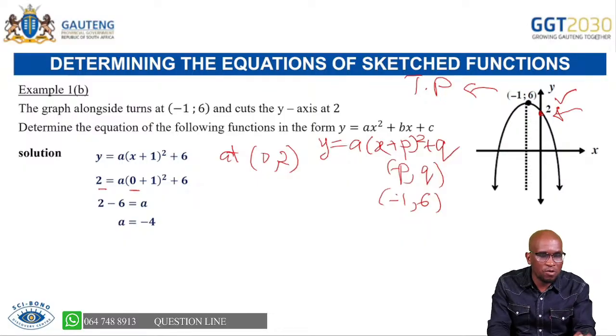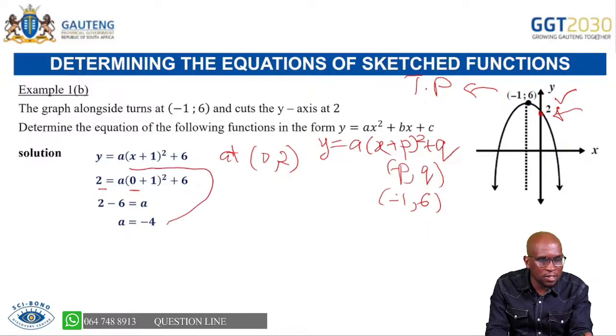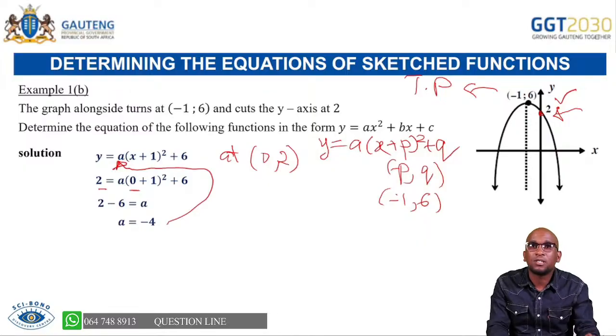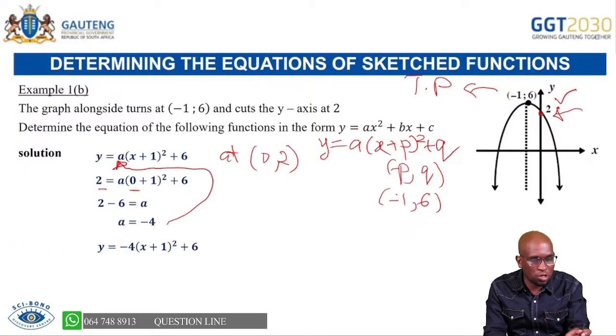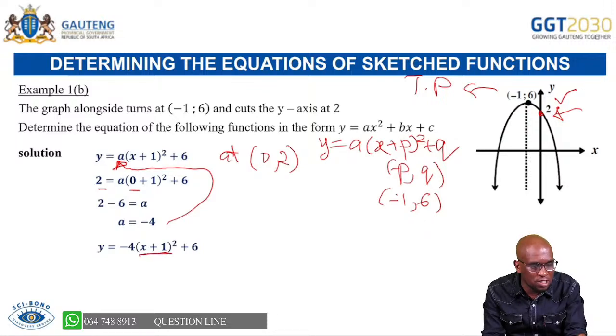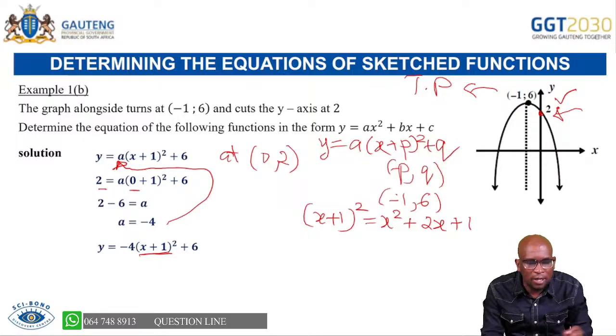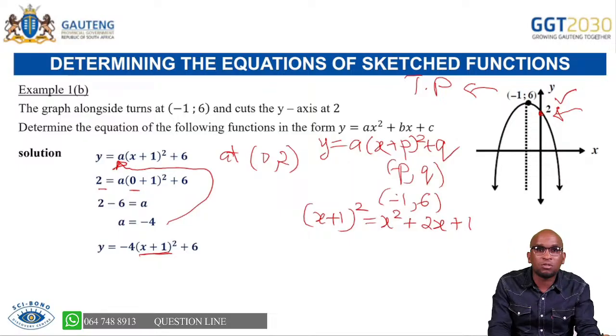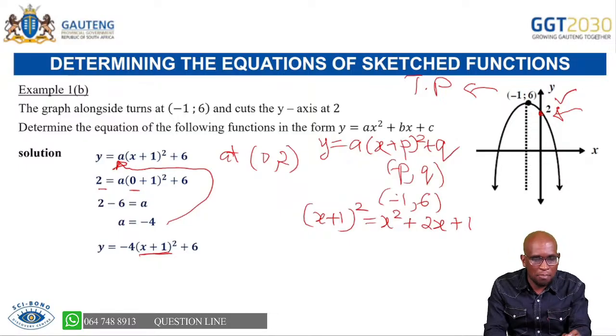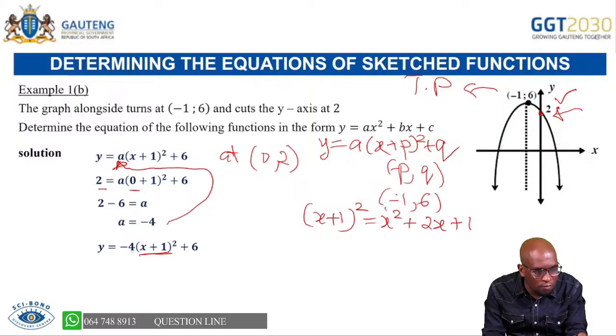Now that you have the value of a, you can come back and substitute the value there. Then you can apply the distributive property and FOIL out the bracket (x + 1) all squared to be x squared plus 2x plus 1. After FOILing that out, you can then apply the distributive law, because there's a negative 4 there.